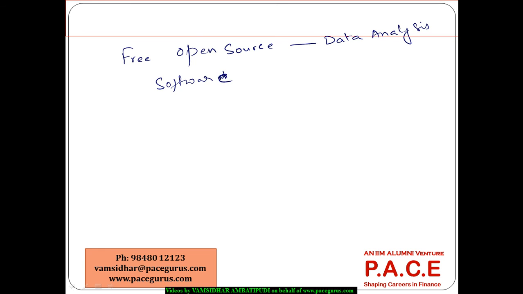So just a quick summary. R is a free open source language which can really help me in doing good data analysis. It's a piece of software along with a language which can run the programs that are written in R. I can download R from rproject.org.